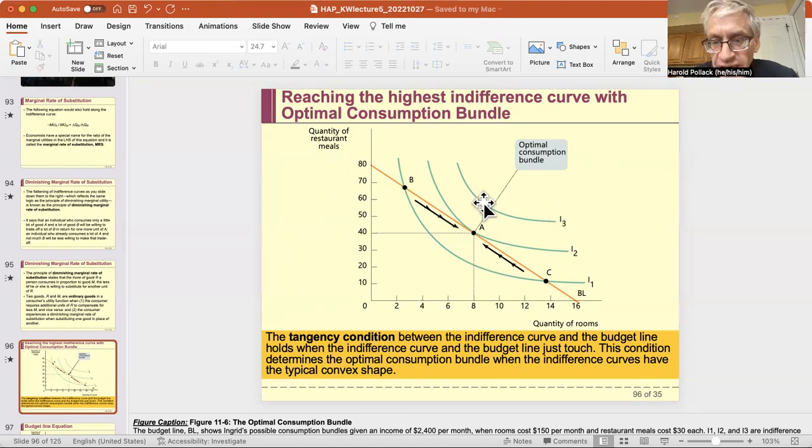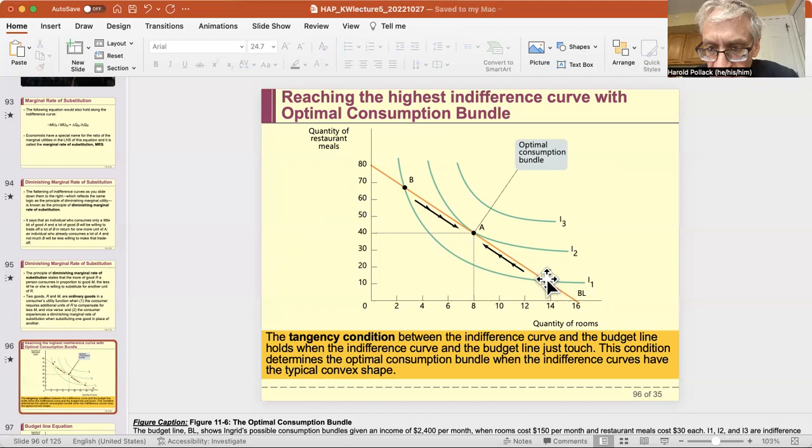So like I3, I can't be on this curve here. I just don't have enough money to reach it. I could be at I1. If I was at point C or at point B, I would be at I1. That's not optimal for me. Over in C, I'm basically consuming too many rooms.